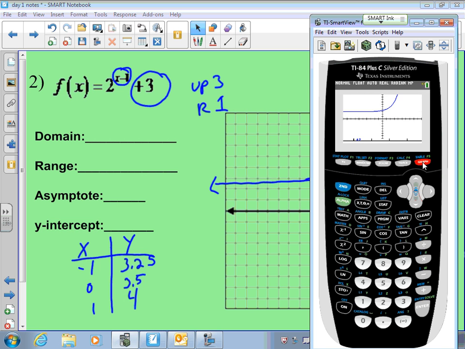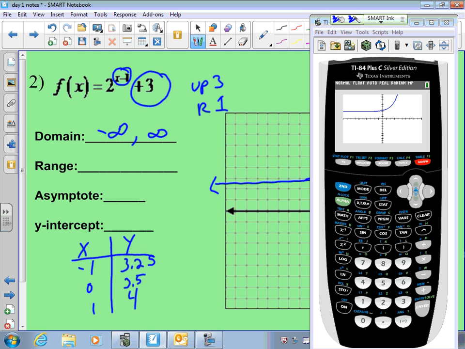Okay, so going back to our graph, you should notice that the domain, the x values, did not change. They're still going to be negative infinity to infinity. However, the range changes a little bit. It looks like it's going towards 3, but never quite crossing that 3 line.